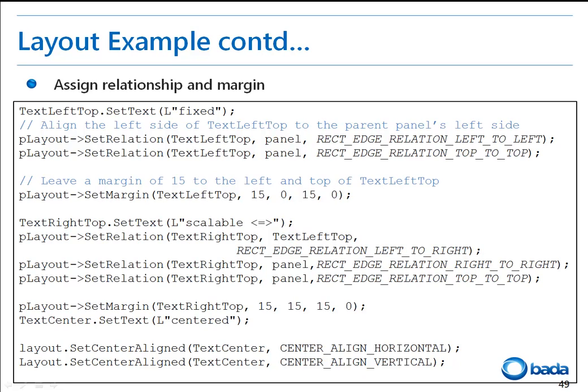The setMargin method specifies the margin gap to be left at the left, right, top, and bottom for the control. For example, the first use of setMargin, text left top 15 0 15 0, leaves a margin of 15 to the left and top of the control.